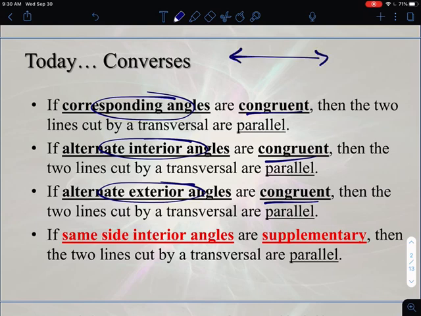So you're going to start with a situation like this. Okay, so no markings. These two lines may or may not be parallel, we don't know. So what we would have to know ahead of time is, are any of the angle pairs the same? For instance, if they told us that this top angle up here was 100 degrees, and this angle here was 100 degrees, well, these two angles are corresponding angles.